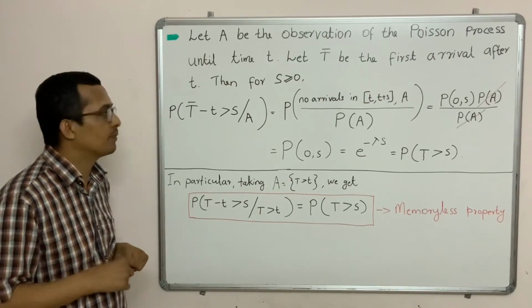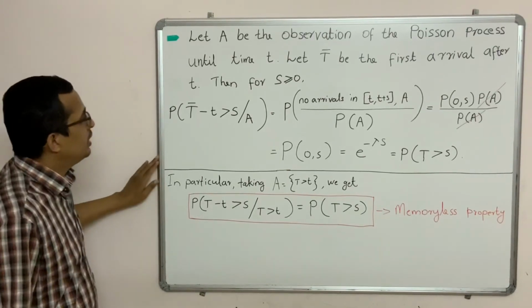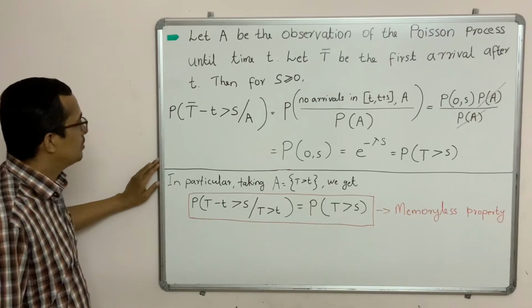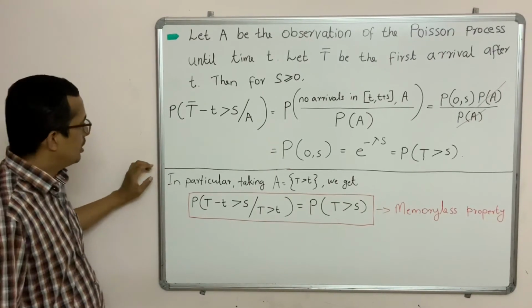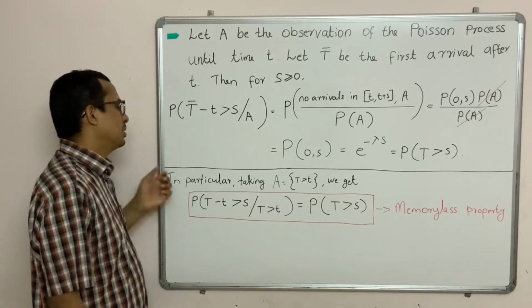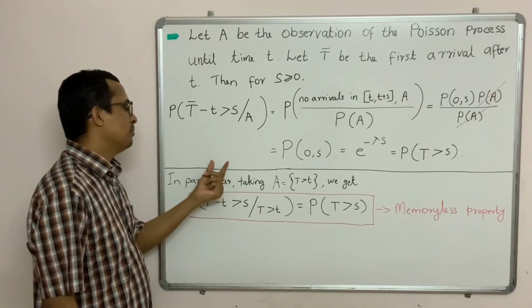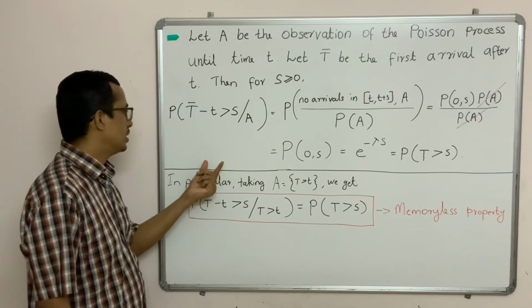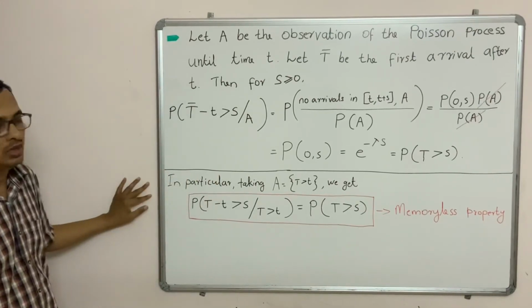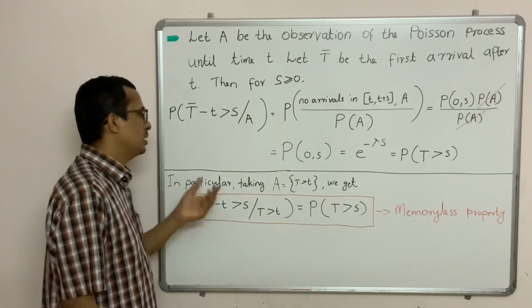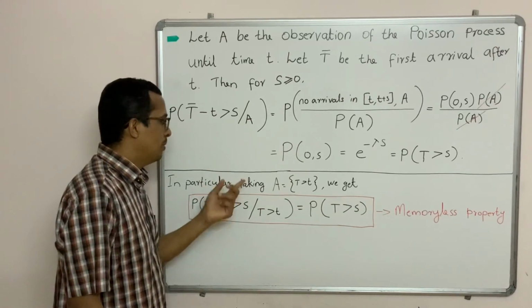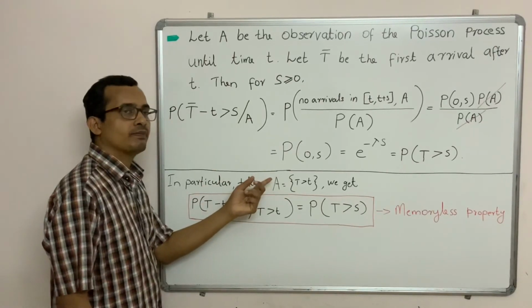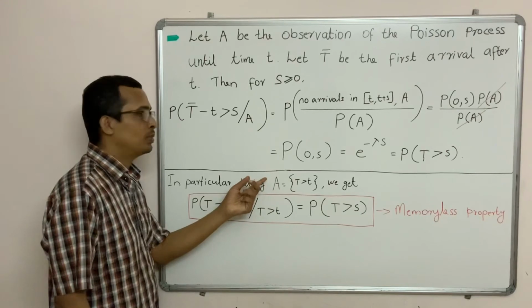That is t bar. Then take any s positive. The probability that t bar minus t is greater than s, given our observation A. We have already observed the process up to A.